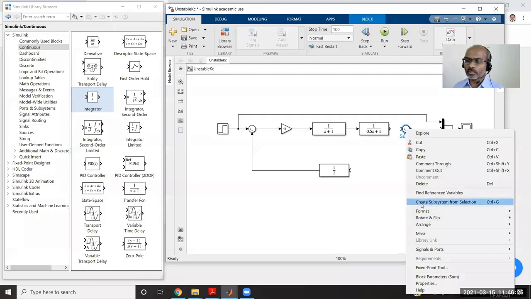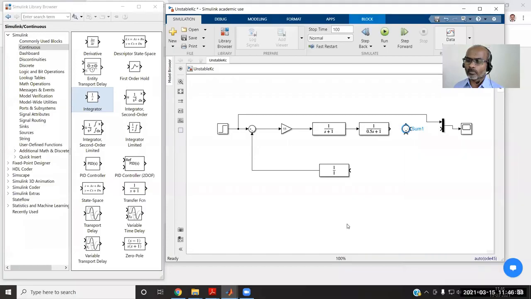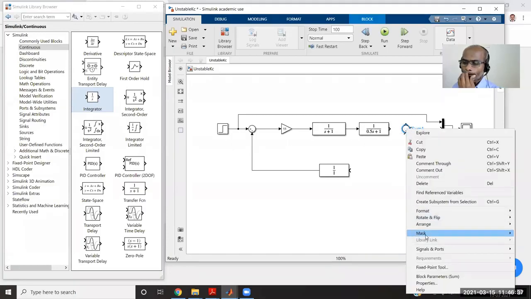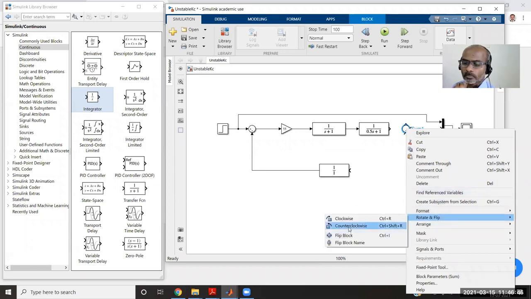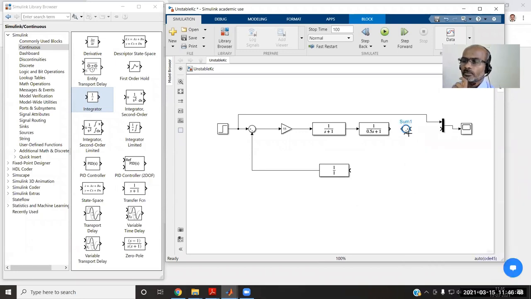Rotate block will be there, so we can rotate the block. I need to connect the load.